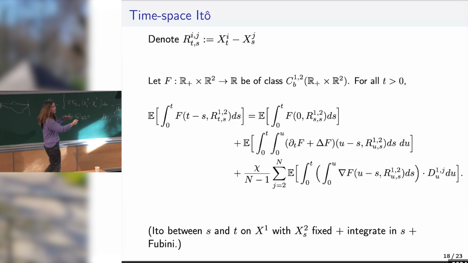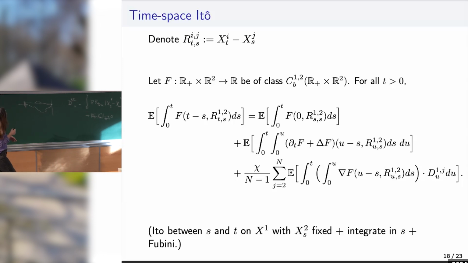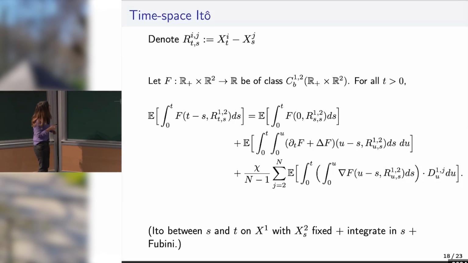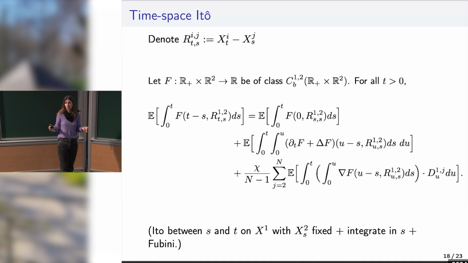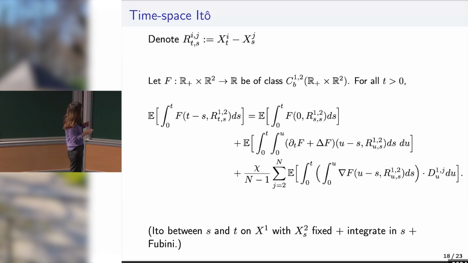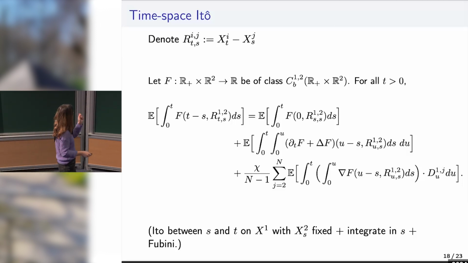So you want to know how this evolves in time, so you need a suitable Ito formula for that, and it is of this form. This is not very difficult, everyone can do this. You just do an Ito between S and T for 2 particles, only on x1 by freezing the second one, then integrate in time and do a Fubini. If you sit down and do it, that's going to work.